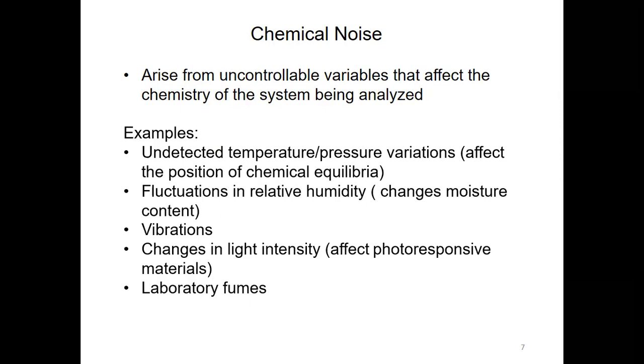This variation affects the chemical equilibria and changes the sample state, the chemical nature of the sample. If that happens, we will see it as noise at the end of the analysis.